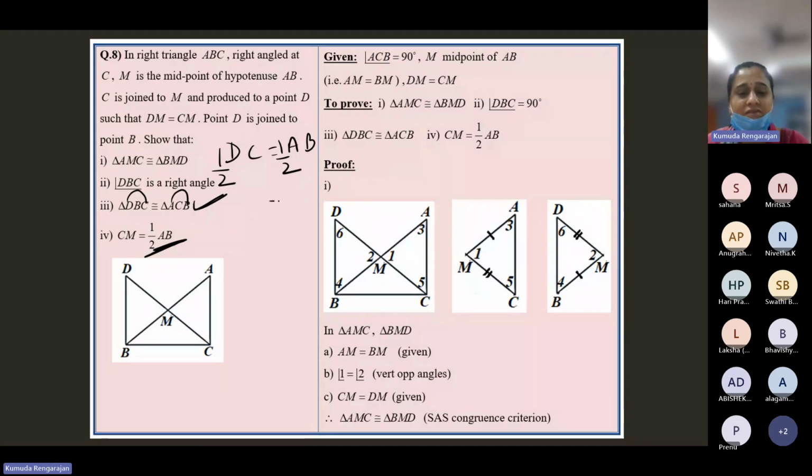Half AB we keep as it is, because you can see that in the final result, half AB. Now, what is half of DC? Half of DC can be written as DM or CM, because DM is equal to CM. So for half of DC you can write DM, then the result is DM is equal to half AB. Or you can write CM, so CM is equal to half of AB. Yeah, that's what we had to prove.